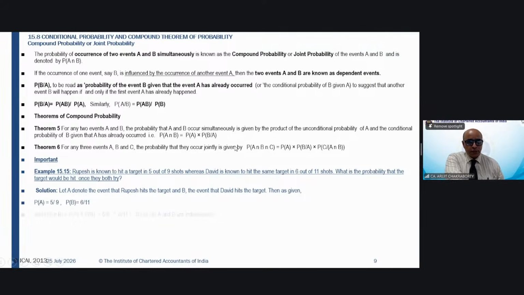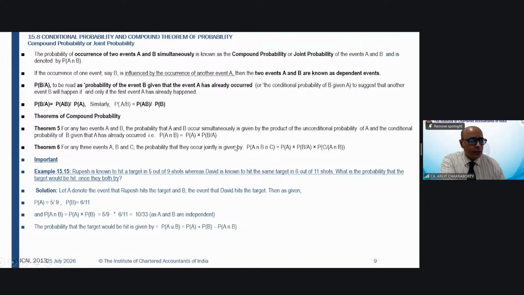The question says, what is the probability that the target would be hit once they both try? So now they are both trying, and the question is the probability that the target would be hit.